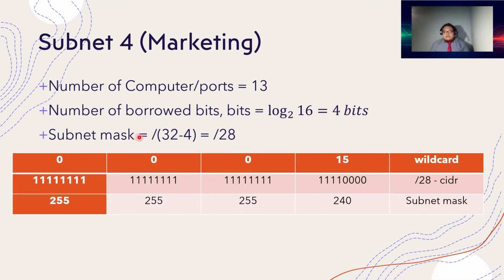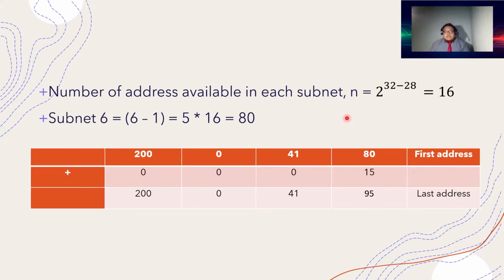Then we apply the subnet mask formula, 32 minus 4, and we get mask 28. This wildcard, CIDR and subnet mask are the same as subnet 3 because it requires the same number of borrowed bits, 4 bits. Next, the number of addresses available in the subnet. We are going to get the same number, which is 16.